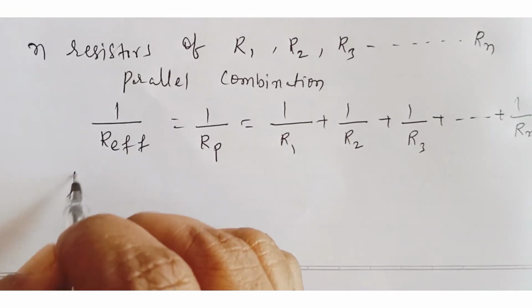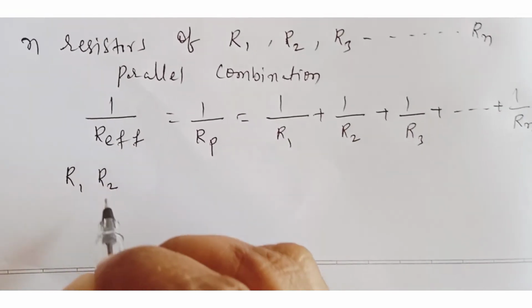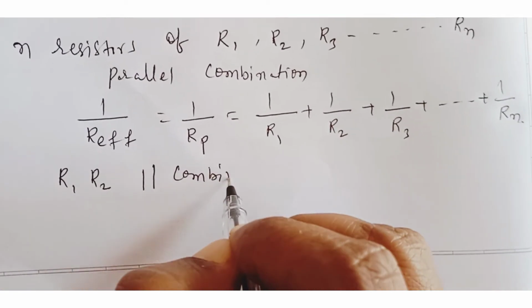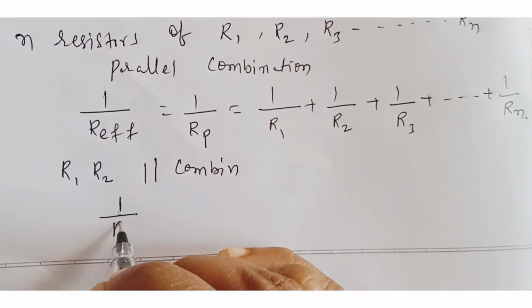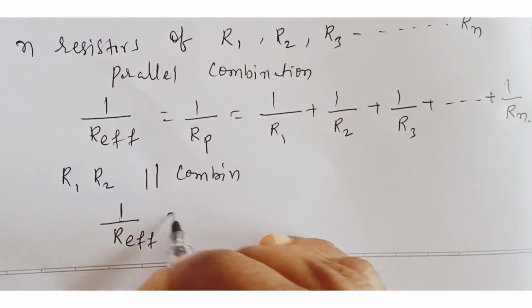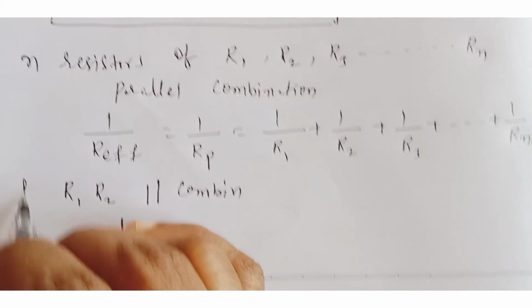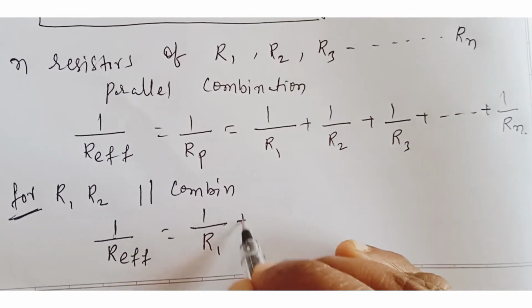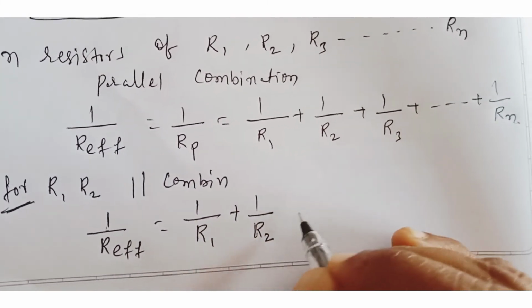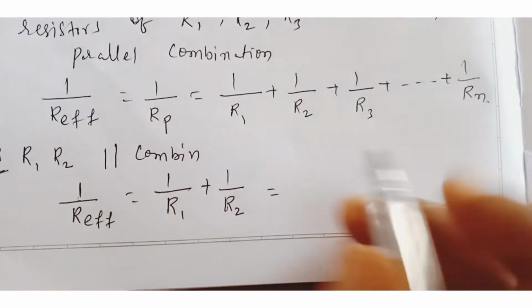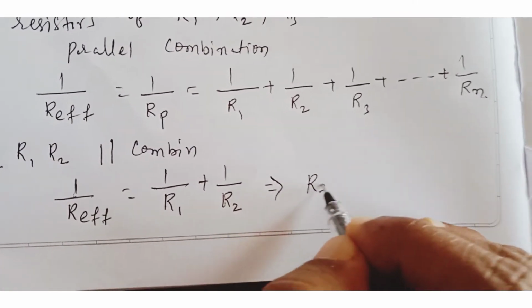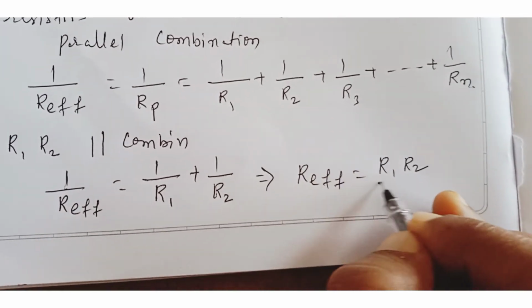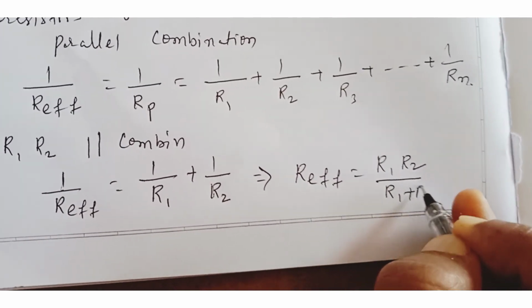Now, two resistors R1 and R2 connected in parallel combination, then the effective resistance is 1 by R effective equal to, for only two resistors, 1 by R1 plus 1 by R2. Then we get R effective equal to R1 R2 by R1 plus R2.